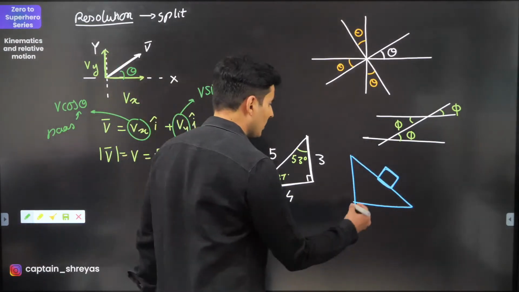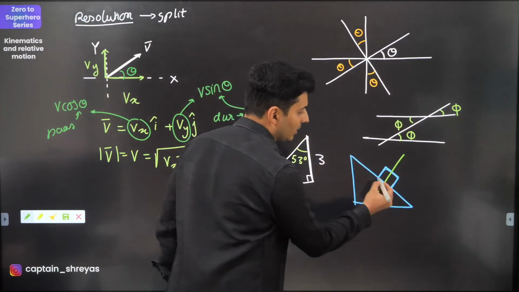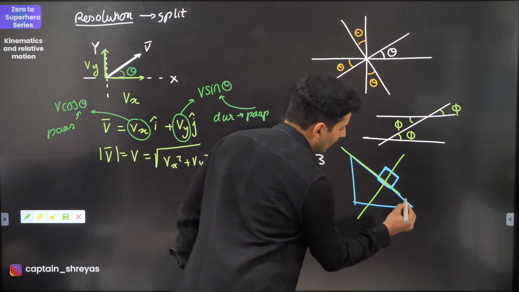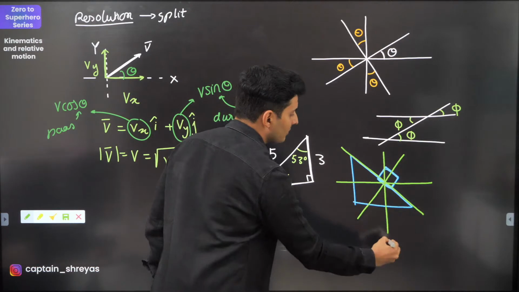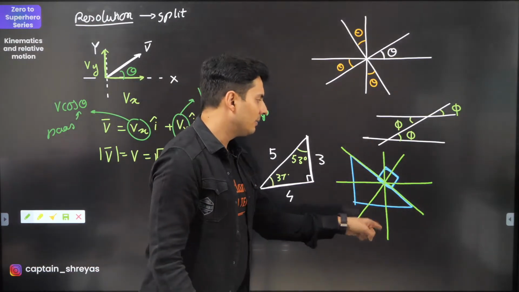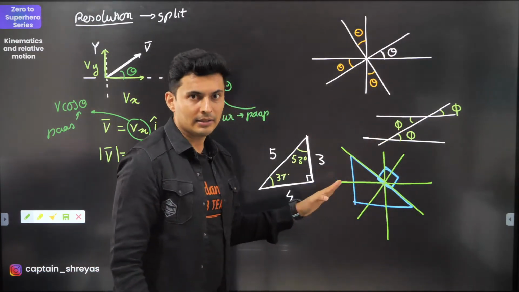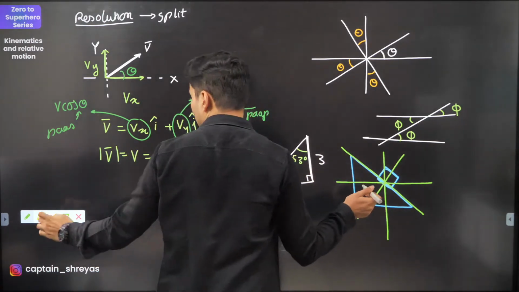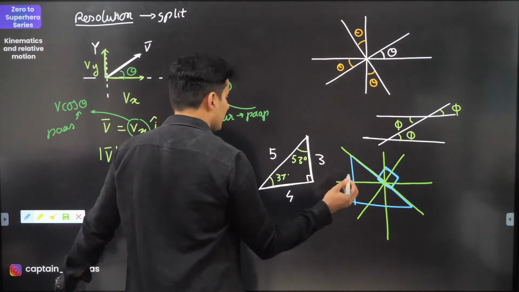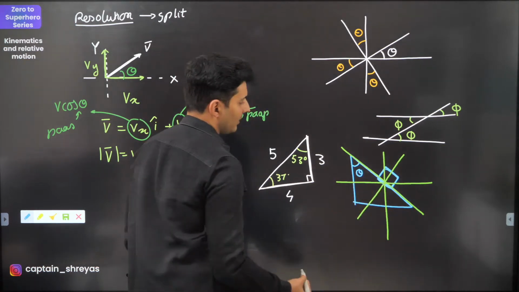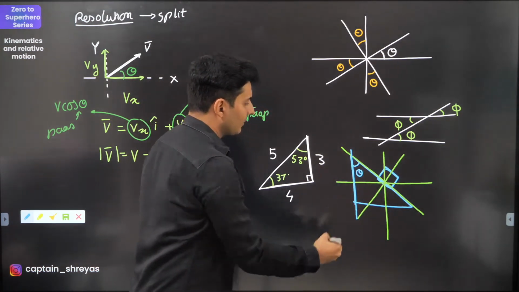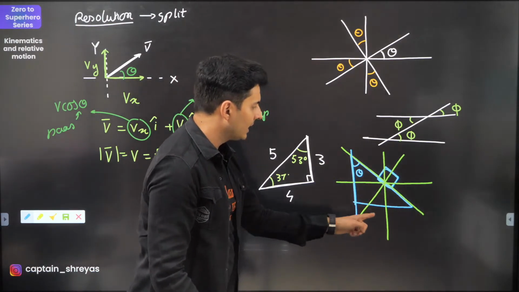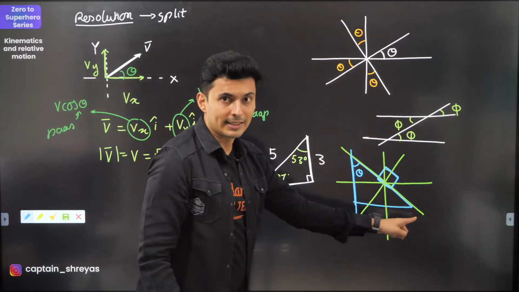So how will the 8 parts look like? One is perpendicular to the surface, second is along the surface, third is horizontal, fourth is vertical. Horizontal, vertical, along, perpendicular. Now let's say I tell you this angle is theta, for example. If this is theta, I hope you see this is a parallel line. This is also a parallel line, and this is a line which is intersecting both of them.